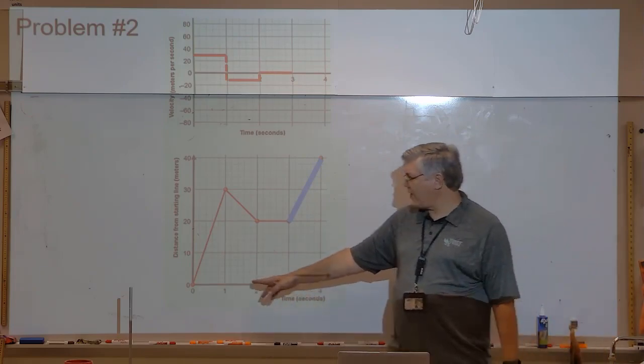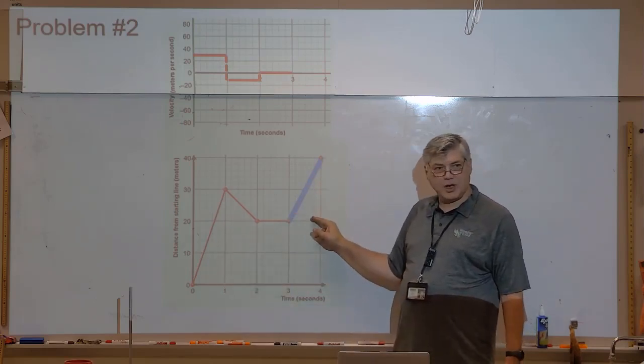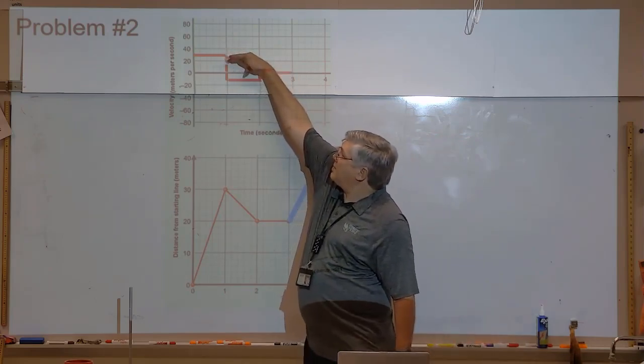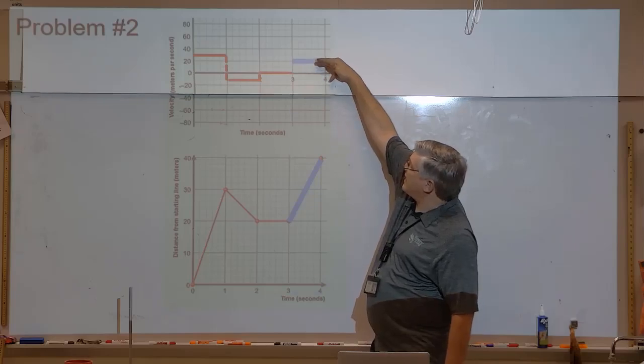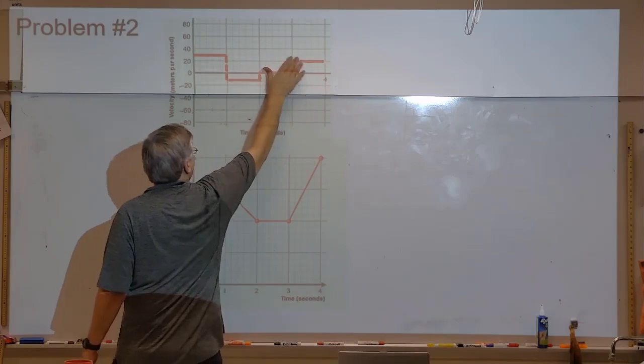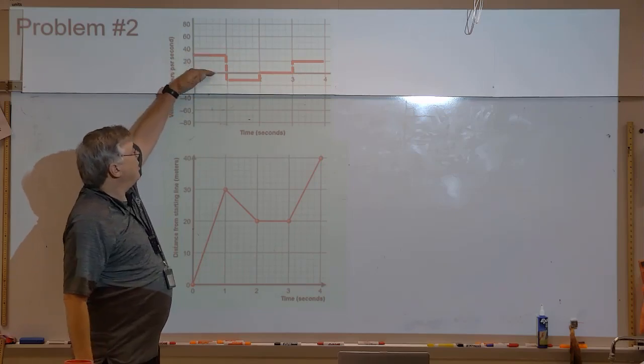Yeah, the first one is faster because we're going 30 meters in a second here. We're only going 20 meters a second here, which means this line is going to be below this line, so it's going to be down here. So this is faster because it's higher. It's higher above the 0 line.